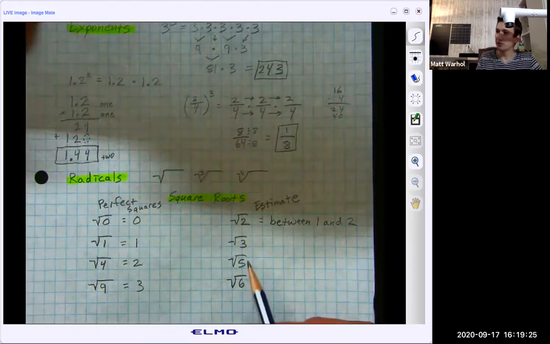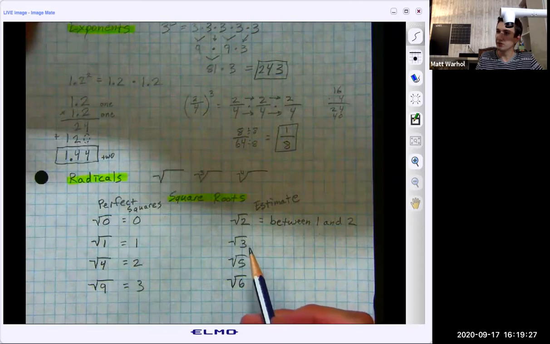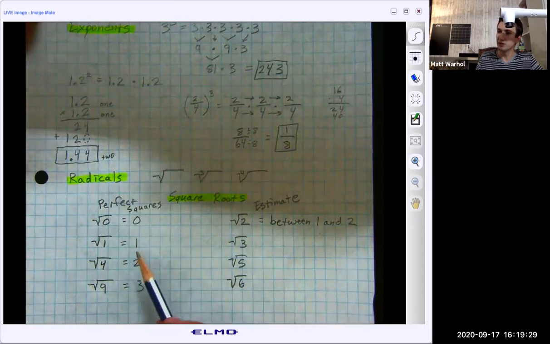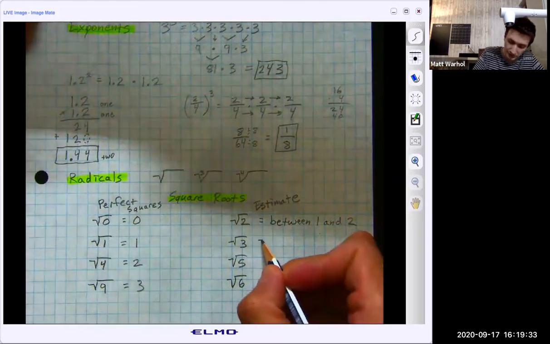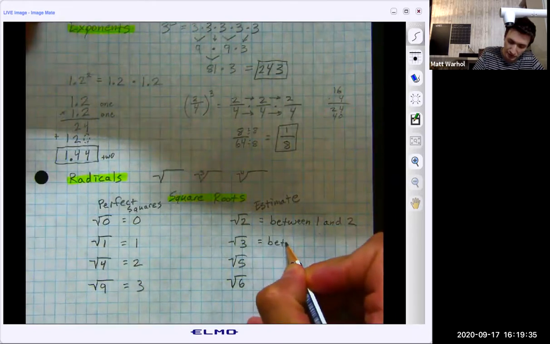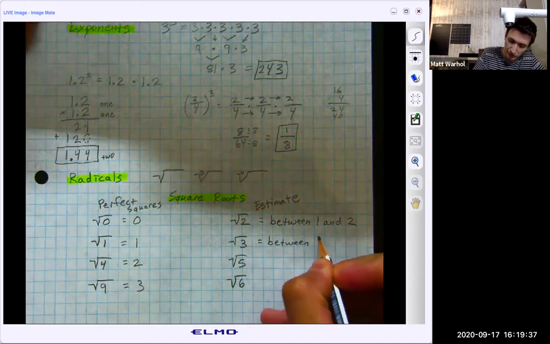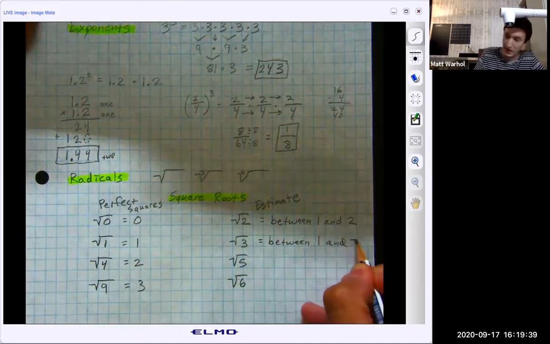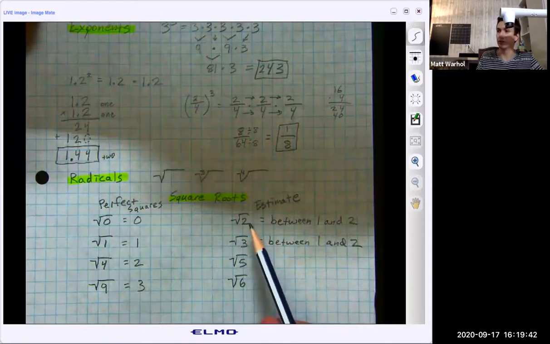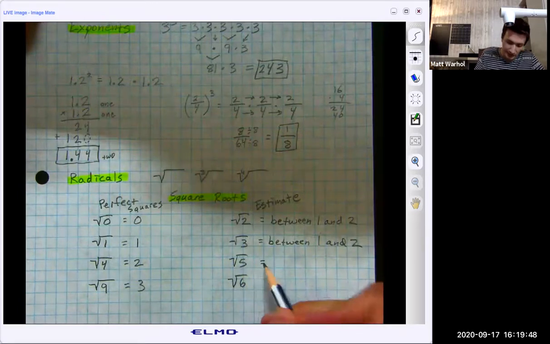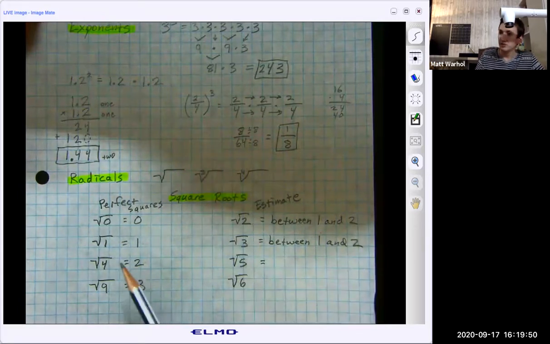I think the square root of 3 is also going to be between 1 and 2. I think it's going to be close to 2. Maybe it's going to be like 1.8 or something. So my estimation for this would be between the integers 1 and 2 again. Now, I think this number is going to be larger than this number just because the number inside the square root is going up. Now, let's see, the square root of 5 is going to be more than 2 because the square root of 4 was 2.